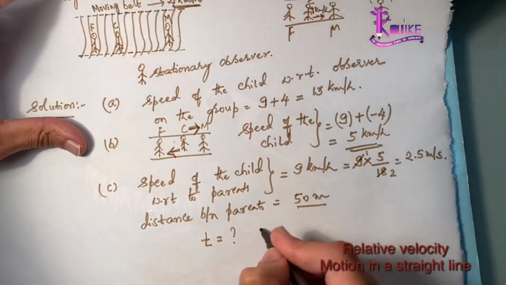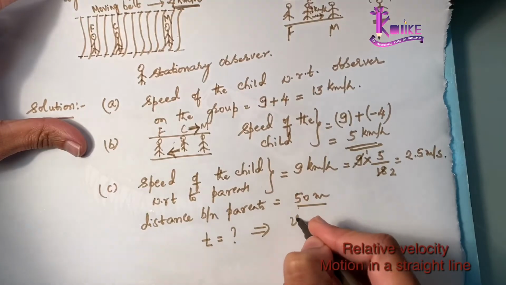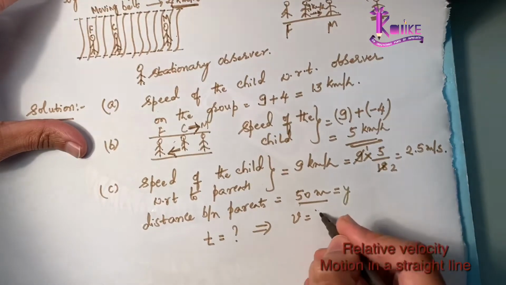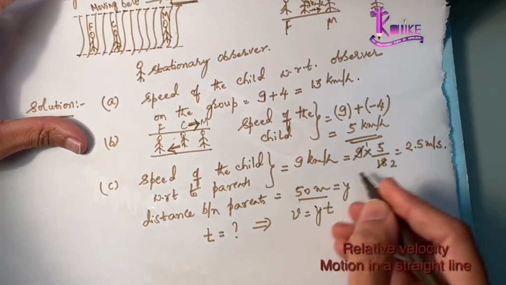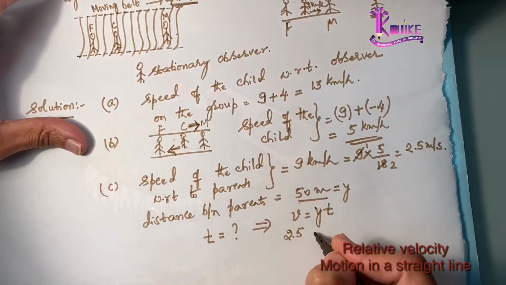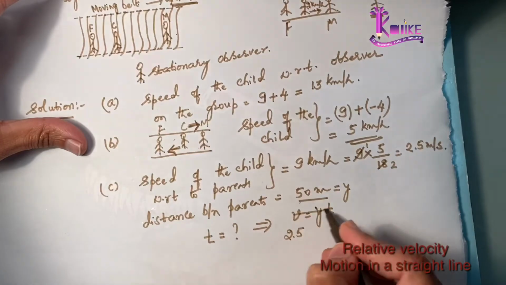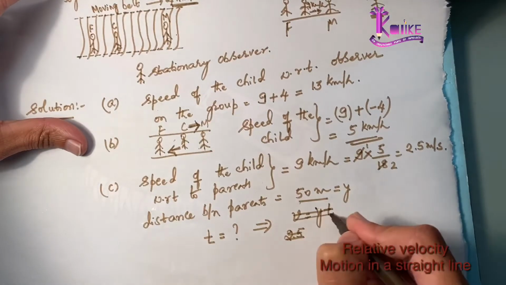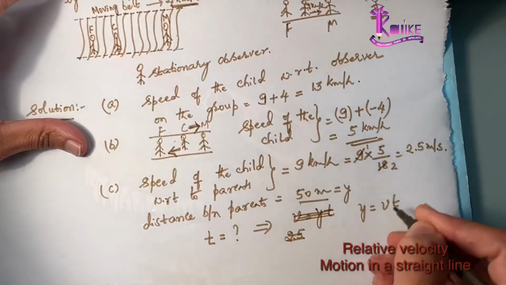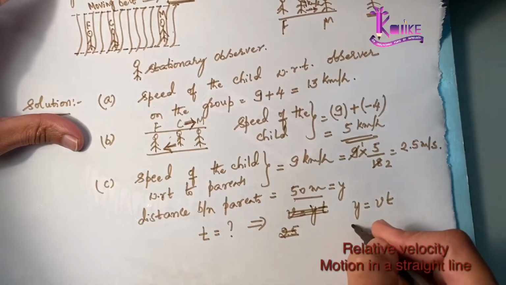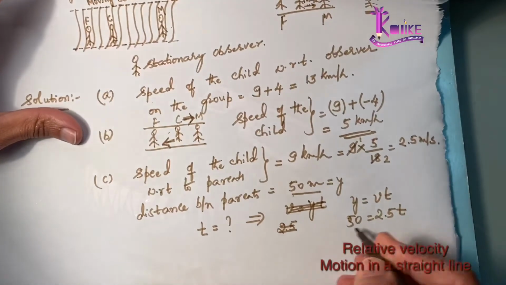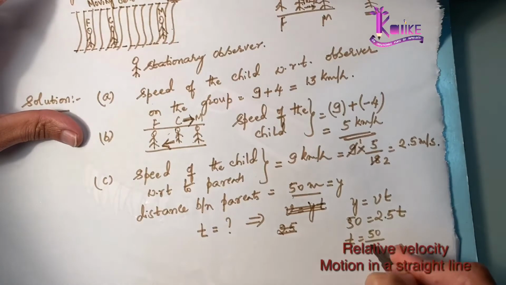So time is what needs to be found out. We know speed is equal to distance by time, so distance y is equal to velocity into time, that is y equals v into t. Here the distance is 50 meters and the velocity is 2.5, so 50 equals 2.5 into t, hence t will be 50 divided by 2.5.